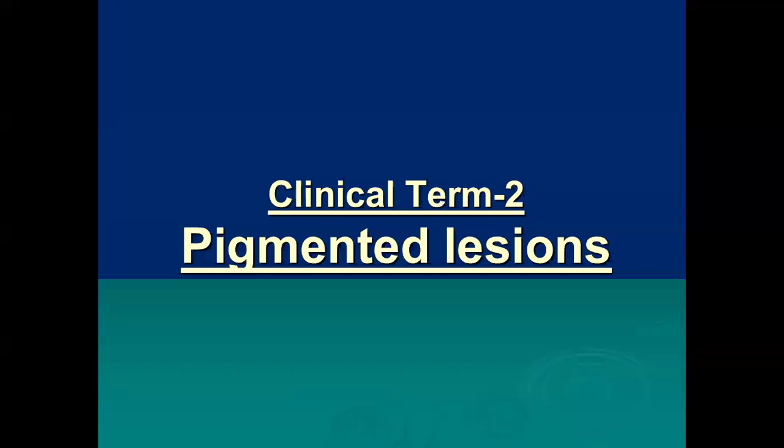So the second clinical scenario we are going to discuss today is patients presenting with pigmented lesions. So the pigmented lesions, like hyperpigmented lesions, can be of different shapes, sizes, location. First and foremost, the most common pigmented macule or patch we see from a young age are the freckles.